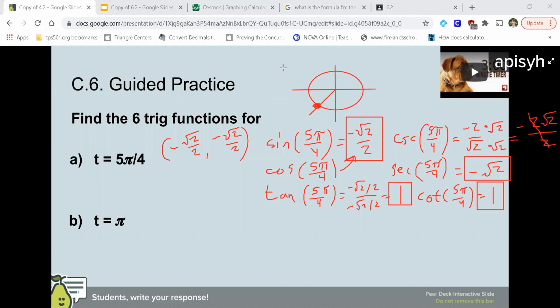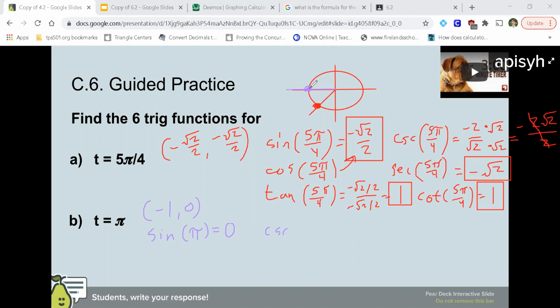All right, for the second one, you should have gotten that pi, that angle, is actually along the negative x-axis. That's this angle right here. So the point it corresponds with is negative 1, 0. And so the sine of pi is the y value, so it's 0.